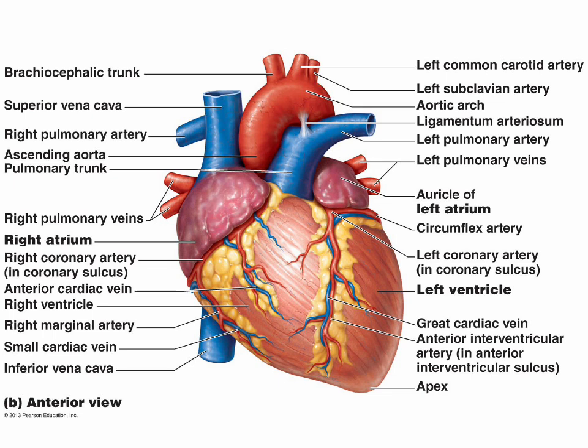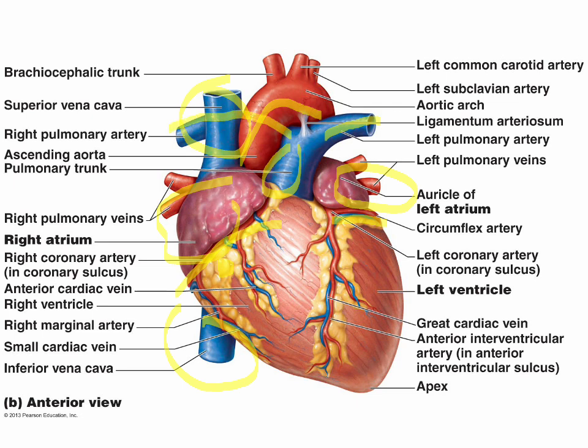Now we see the heart with the different structures. There's a little bit of fat here, but also we have the right atrium here, left atrium. We have the circumflex artery, the right coronary vein, and the right coronary artery, inferior vena cava, superior vena cava, aortic arch, pulmonary trunk, left pulmonary artery, right pulmonary artery.